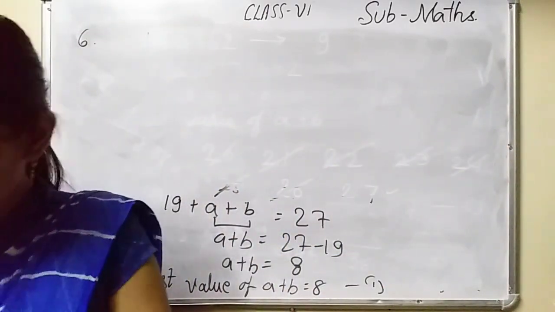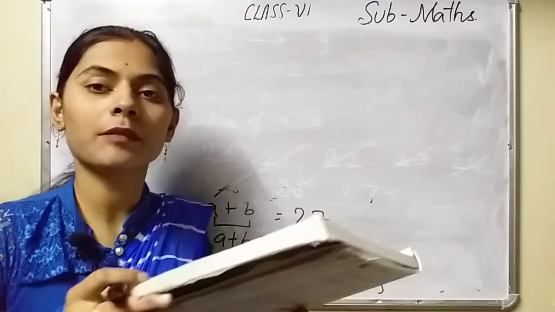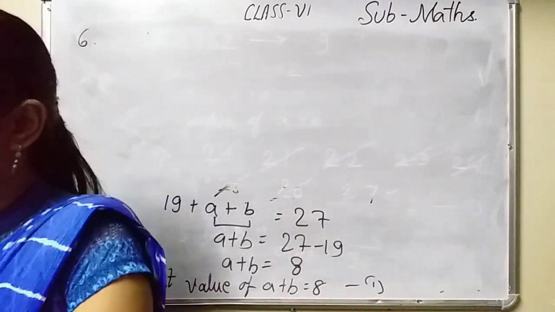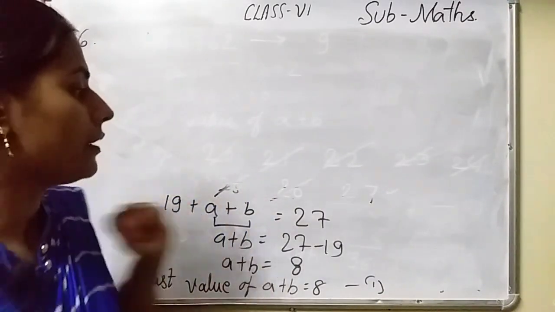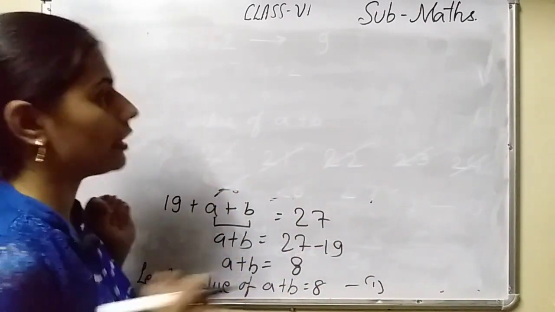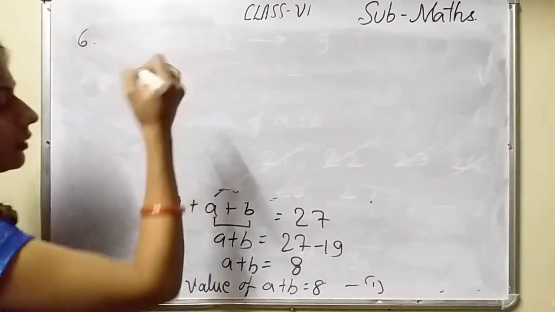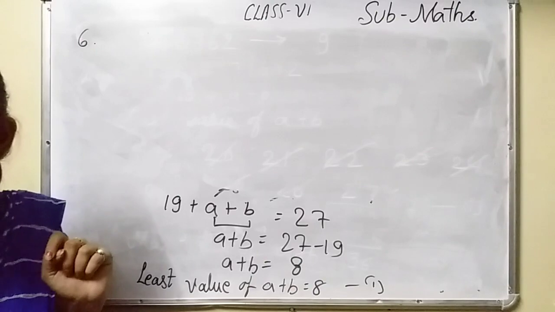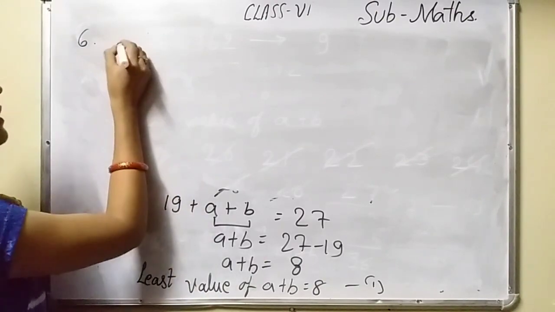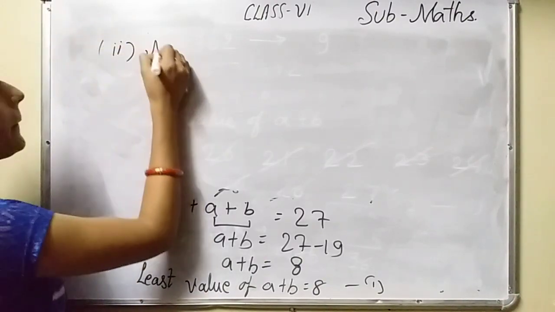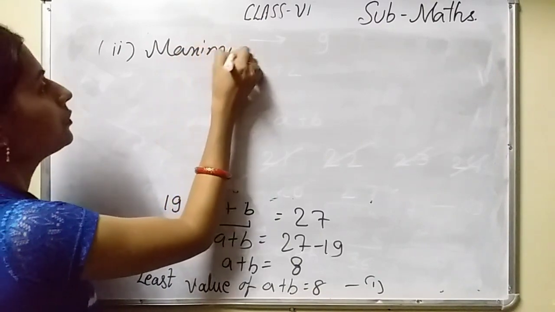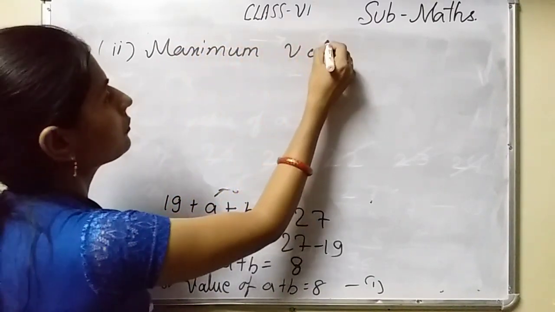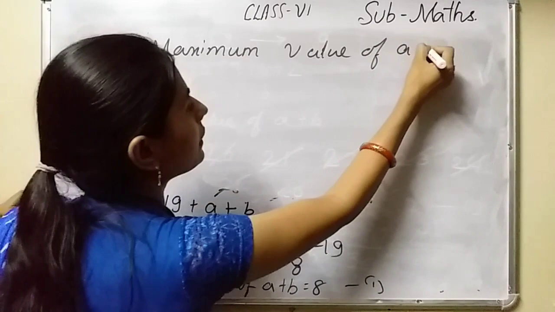Now see, in the second step they are asking to state the maximum value of A plus B. What is the maximum value of A plus B? After 27 you have to find the next one.